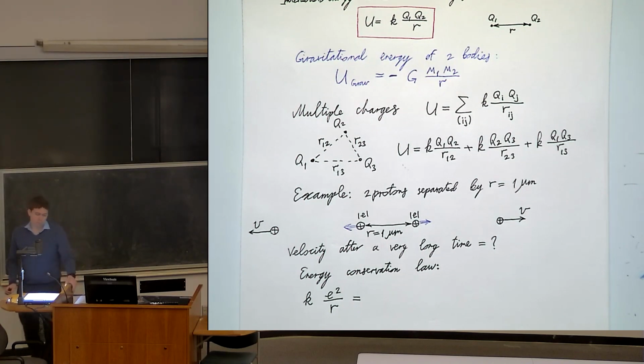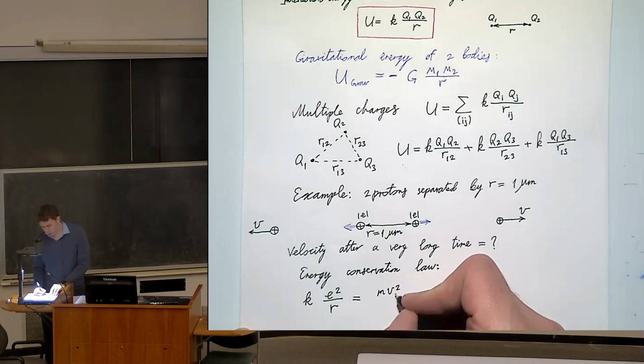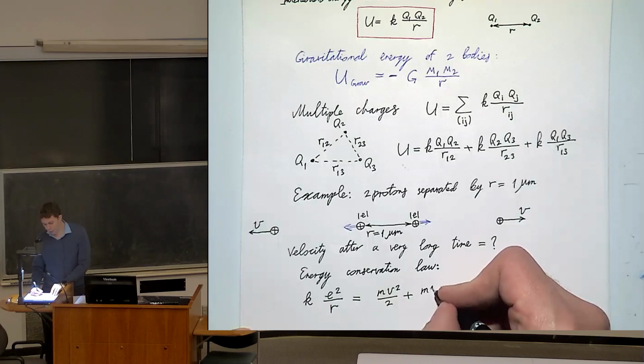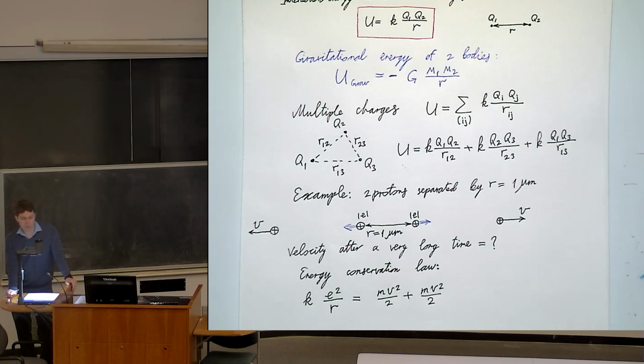When they're far away from each other, that's what I mean by a very long time, their interaction energy can be neglected, but they have kinetic energies. So the final energy is going to be mv squared over 2 plus mv squared over 2. And energy is conserved. It's not destroyed or produced. So the initial energy equals the final energy.